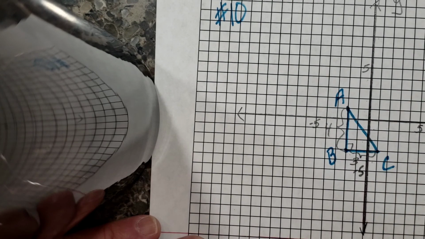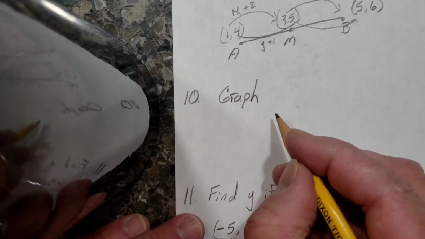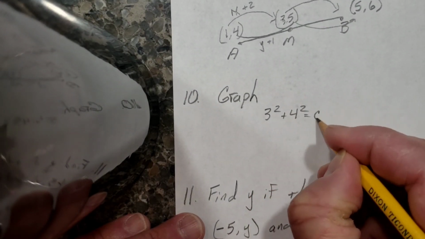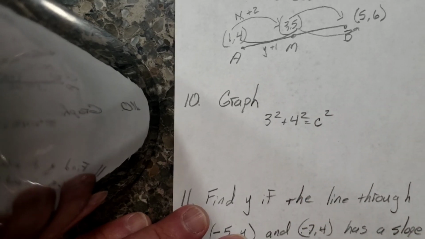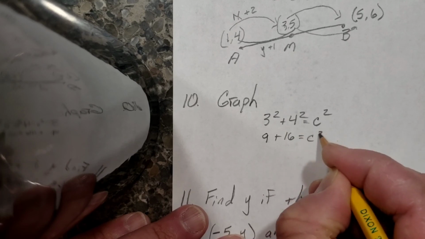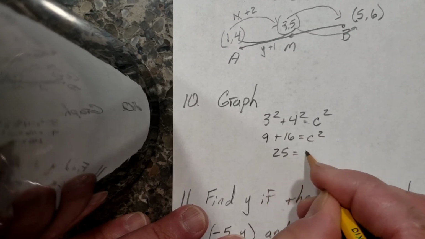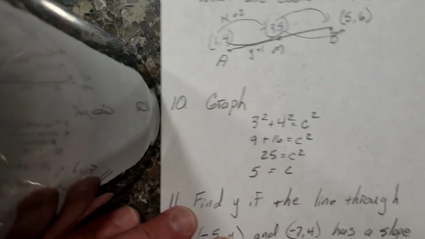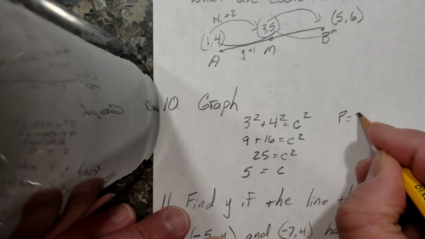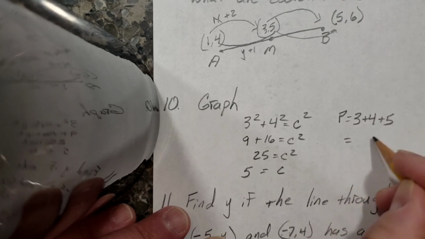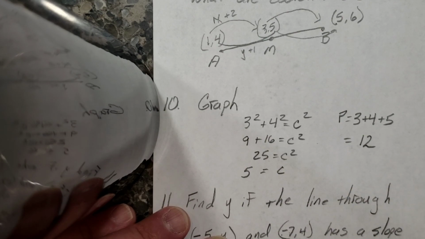So in order to find the third side, we use the Pythagorean theorem. We have 3 squared plus 4 squared equals c squared, the hypotenuse, because that's what we're looking for. 9 plus 16 is c squared, that's 25. You take the square root of both sides, c is 5. So your perimeter is you add up 3 plus 4 plus 5, and you get 12.